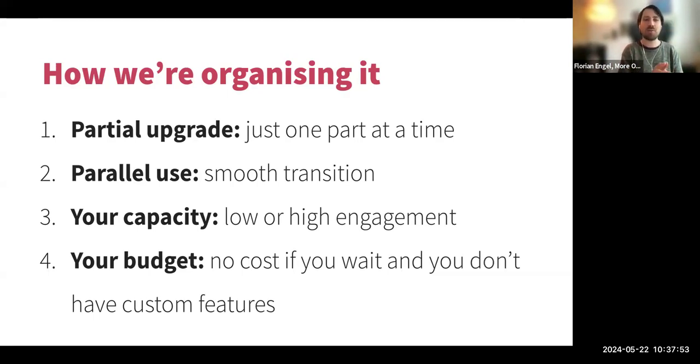The second point on how we're organizing this migration is parallel use. We want to make sure that everyone has a smooth transition. And if you can already make use of some of the features of the next generation of Impact Stack, and you have a use case where that is very relevant for you, you will be able to use the systems in parallel.